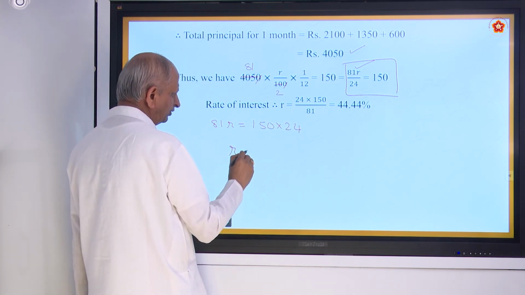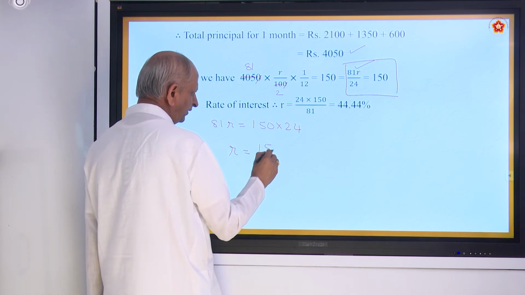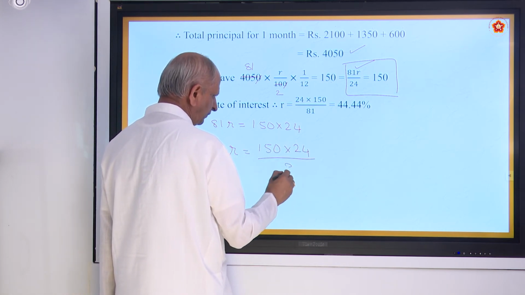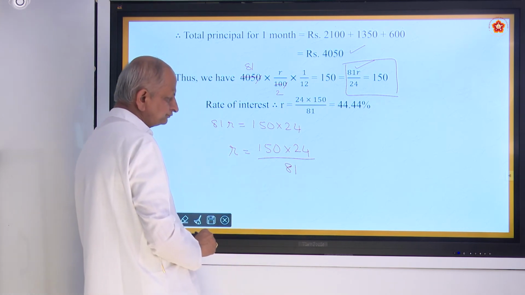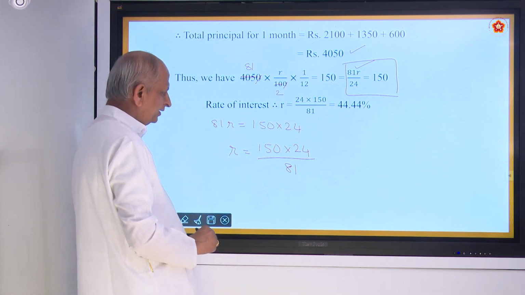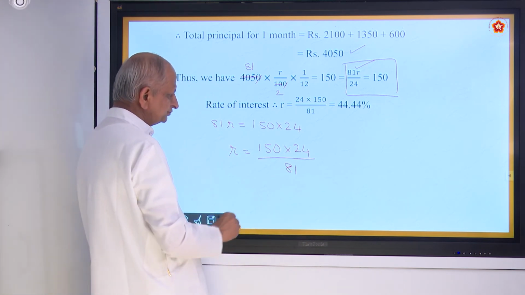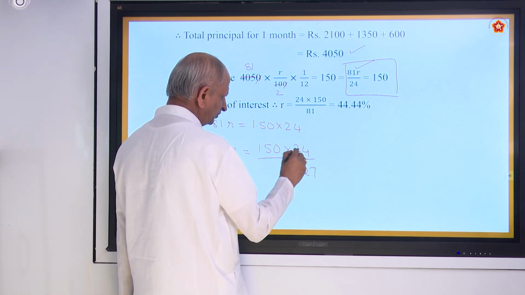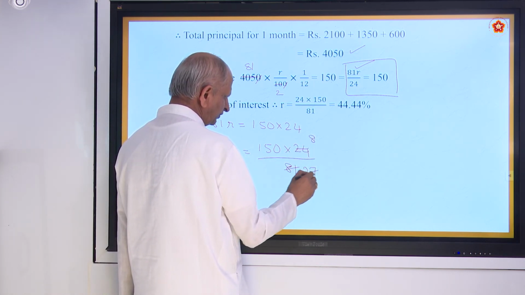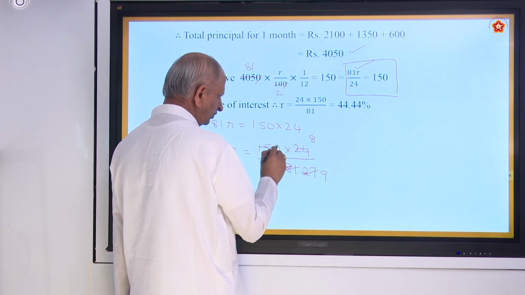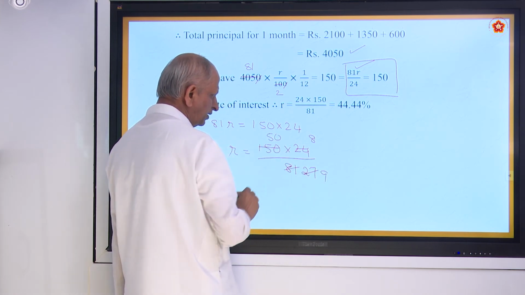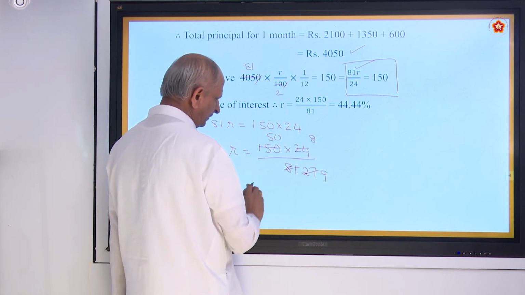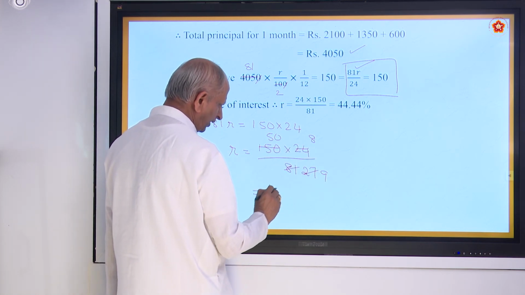So R is equal to 150 into 24 by 81. Any cancellation possible? Of course. 3 27s are 81, 3 8s are 24, 3 9s are 27, 3 50s are 150. Anything else? No. 50 into 8 becomes 400.